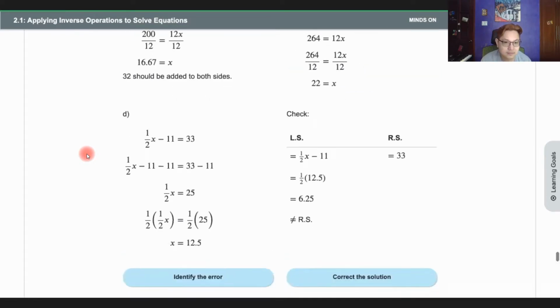And for D, the error is 11, since it should be plus 11 for both sides when you move it.